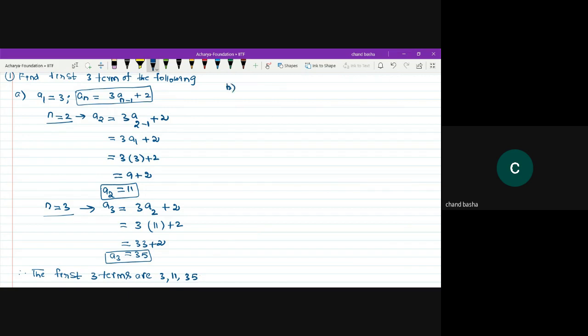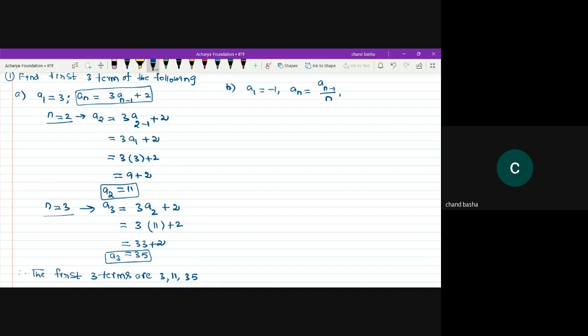Problem number 2. A1 value is given as minus 1. AN value is given as A(N minus 1) divided by n. As I said, what is the value of n?